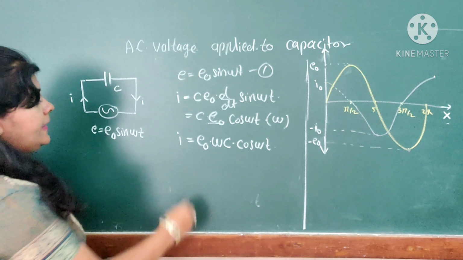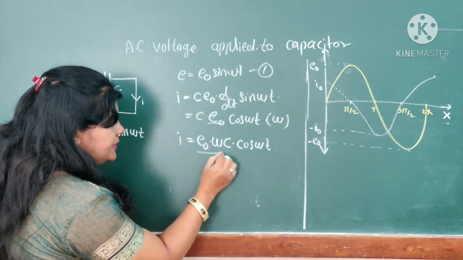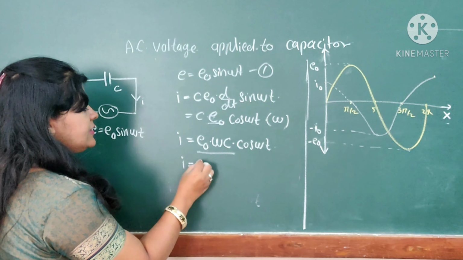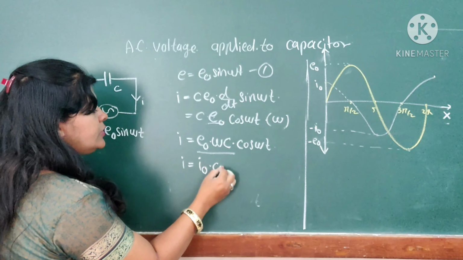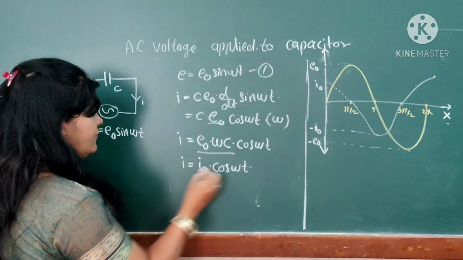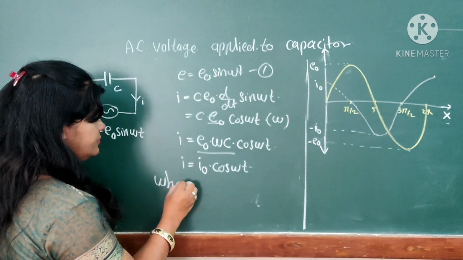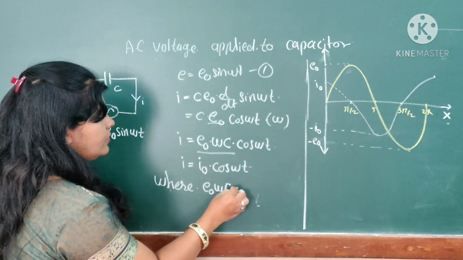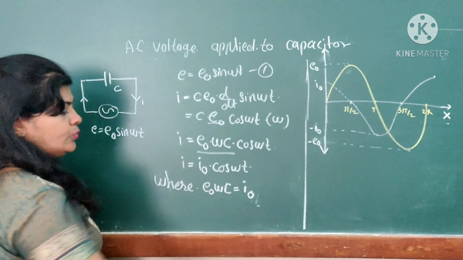Now after that, this parameter E naught omega C we consider as I naught, so I is equal to I naught into cos omega t, where E naught omega C is equal to the I naught value.